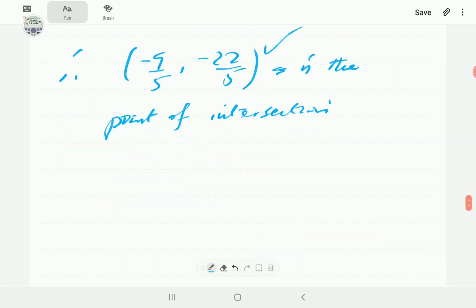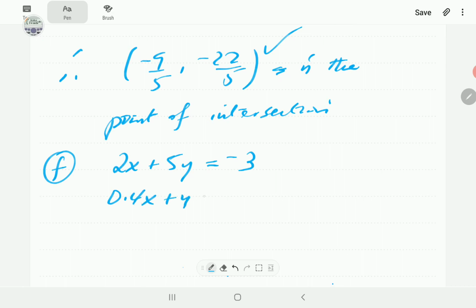We're now going to go to F. In F, we have got 2x + 5y = -3 and 0.4x + y = 5. Call this L1, call this L2.